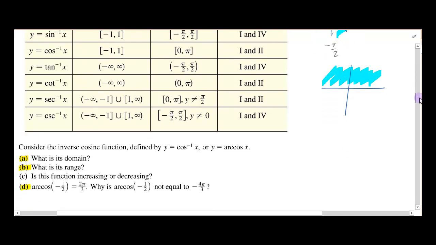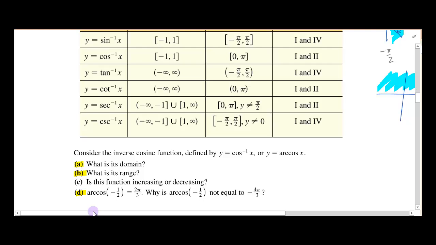Now the last thing we're going to look at together is this idea right here. Let's say we want to consider the inverse cosine function. We define an inverse function as cosine inverse, or cosine raised to the negative 1. You may also see an inverse function written as arc cosine. Anytime you see arc tangent, arc sine, arc cosine, we're talking about the inverse functions, but I wanted to point that out to you.